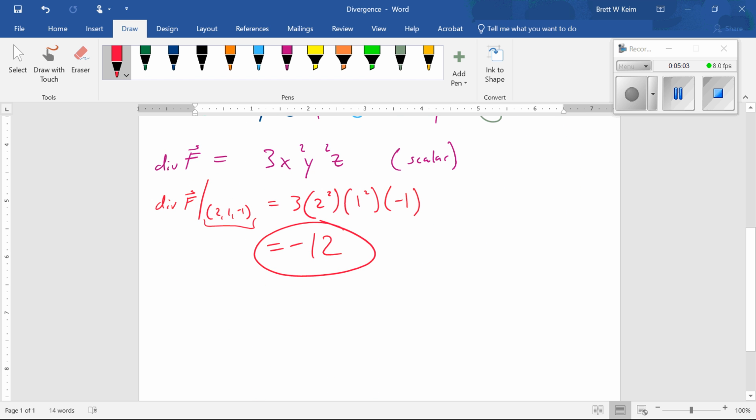A big thing to note would be if the divergence of F equals 0. Something that we usually see in fluids is that we say this is incompressible.